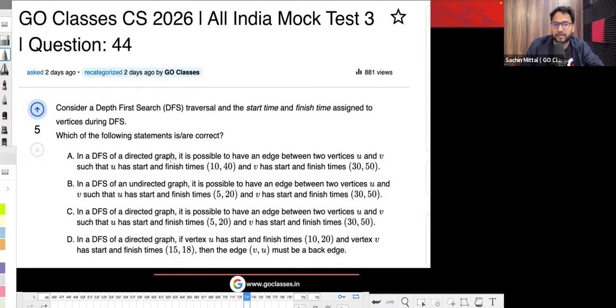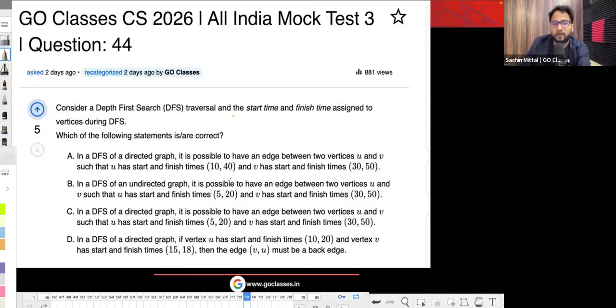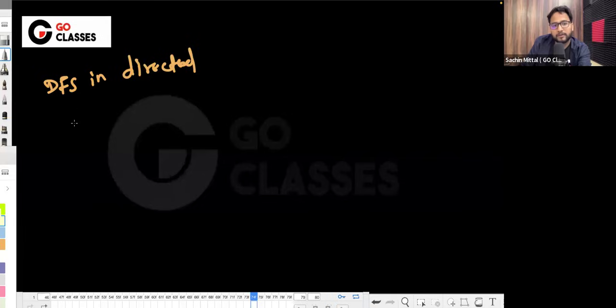In a DFS of a directed graph, is it possible to have an edge between two vertices u and v, such that u has start and finish times of 10 and 40, and v has start and finish times of 30 and 50?